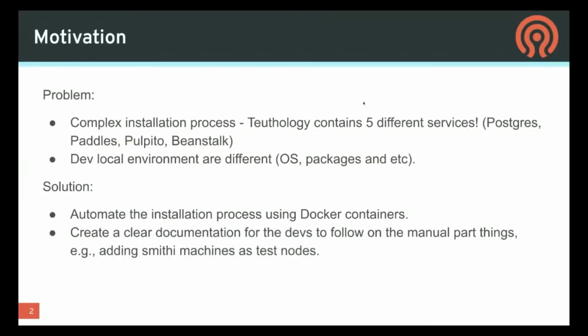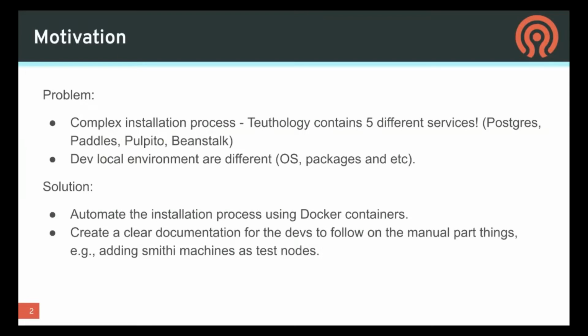So the problem that we faced when we tried to make some changes to Teuthology, making it better, is that the installation process is very difficult. Teuthology contains like 5 different services: Postgres, Paddles, Pulpito, Beanstalk, and so getting them to work all together is kind of challenging, and different developers who want to contribute to Teuthology also have different environments, like operating system packages.